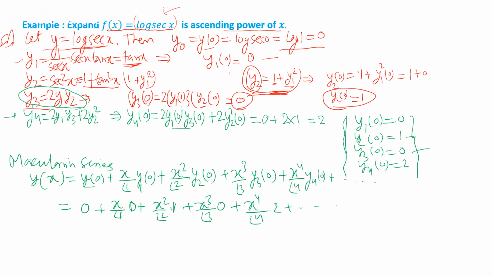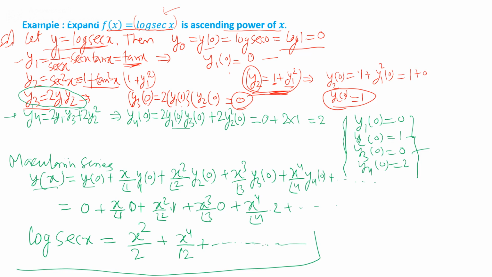After simplifying, we can write here y(x), that is log sec x, is expanded as a series: x square by factorial 2 plus x power 4 upon factorial 4 into 2, we get 12, and so on. If you solve one more term, you can write the next term of that series.